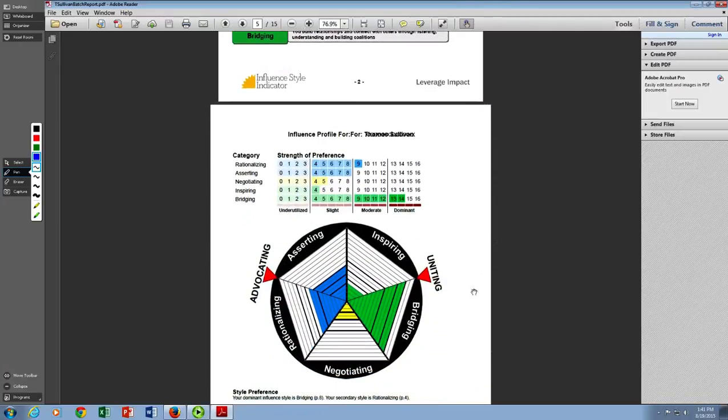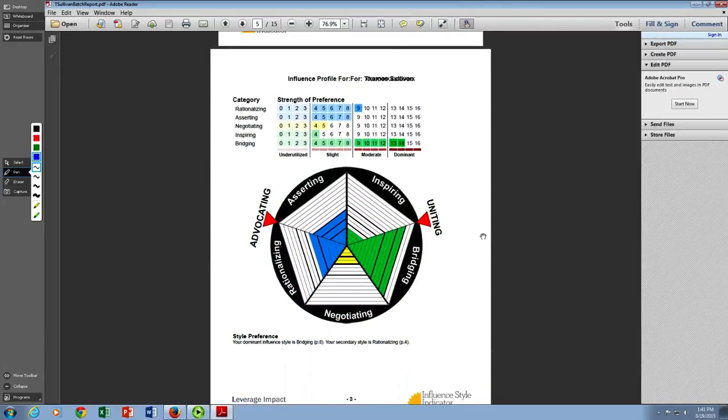As you go to the next page, this is where you'll see your results, and there are two parts to this that you want to look at. The strength of preference is based on the situations described and the answers you provided. How does your particular style show up? What are the preferences that you have independent of the circumstances for using a style? So in this case, the bridging style was as high as 14, which shows it's clearly a dominant style.